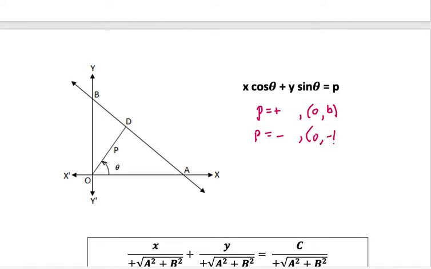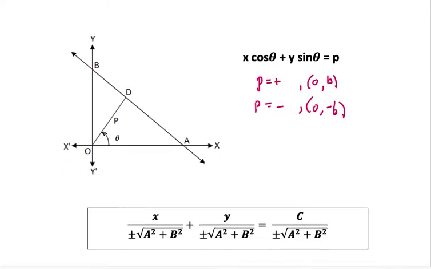In order to reduce a line to normal form, we need this equation: x over plus or minus the square root of a squared plus b squared, plus y over plus or minus the square root of a squared plus b squared, equals c over plus or minus the square root of a squared plus b squared.